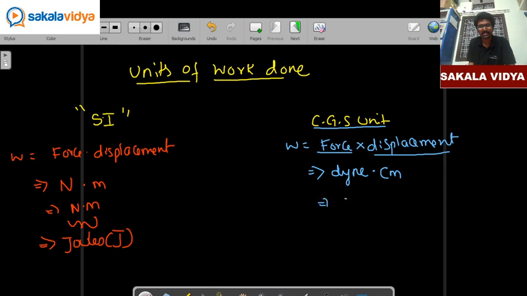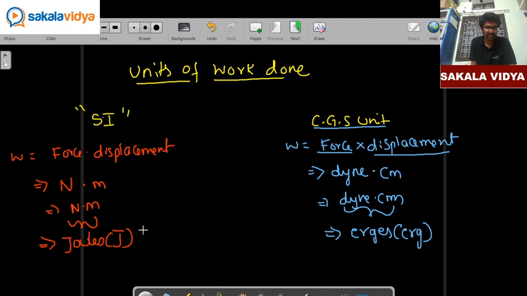Simply it is dyne centimeter, which is nothing but erg. It is simply denoted as erg, whereas joules is denoted as capital J. So the SI unit of work done is joules. The CGS unit for work done is erg.